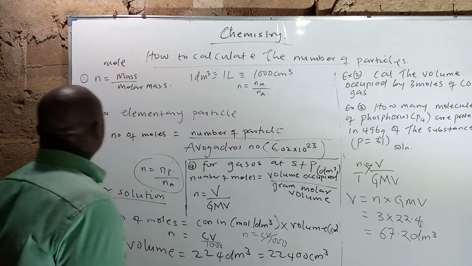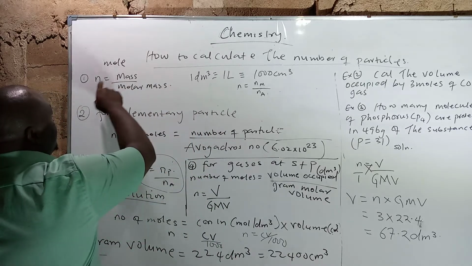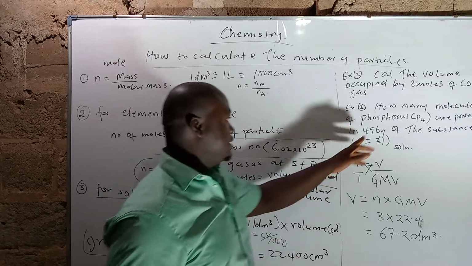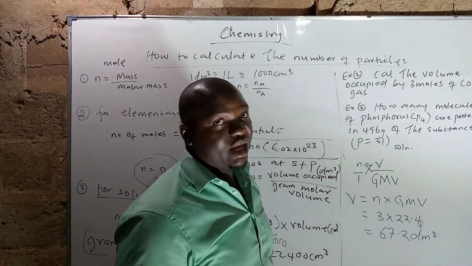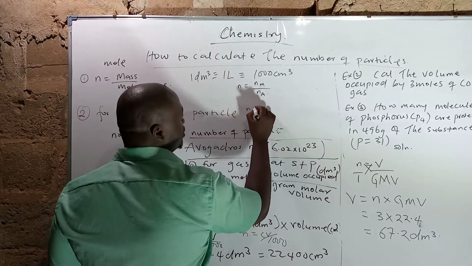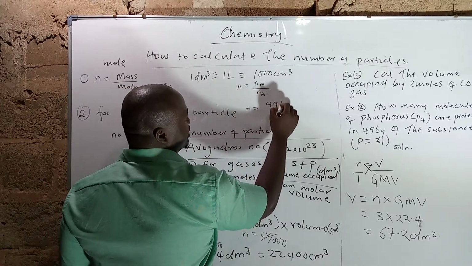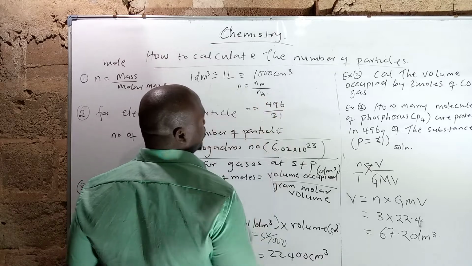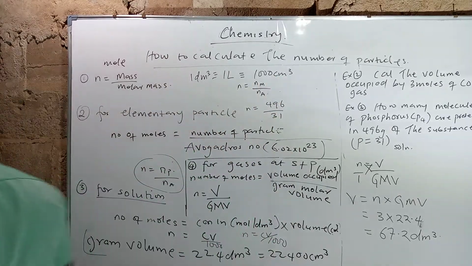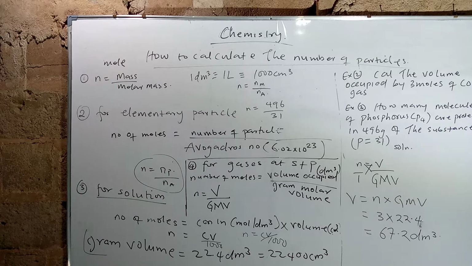Come to this formula here, look at it. Moles is mass all over molar mass. So they gave you mass, they gave you the molar mass. So for you to get the moles first, the moles is 496 divided by 31. Now, there is a small problem here.